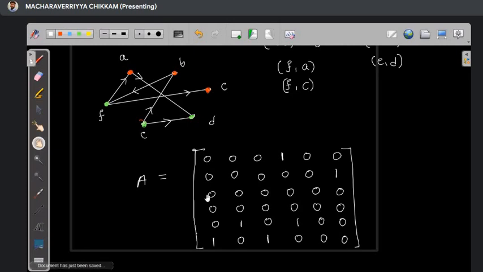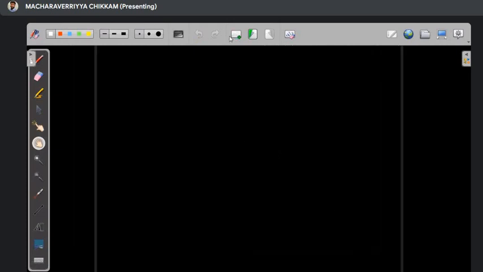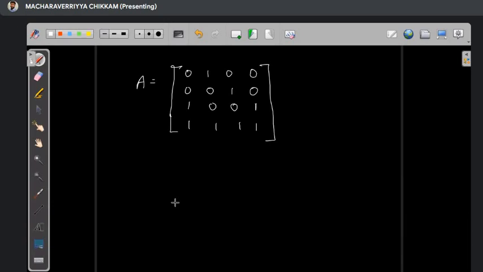All right. So now I'll give you an adjacency matrix of a directed graph, and you think about the graph. Okay. Now this is an adjacency matrix of a directed graph, a digraph. So what is the digraph here?